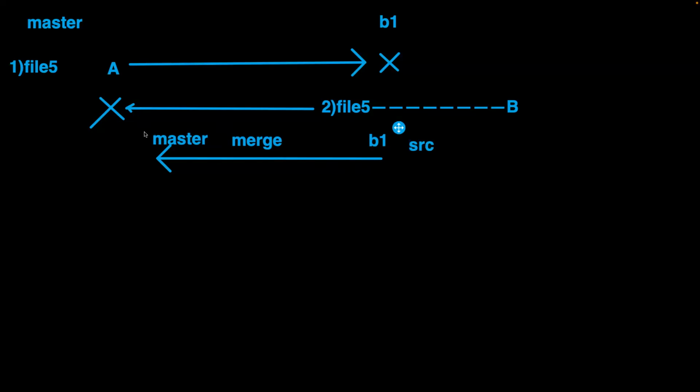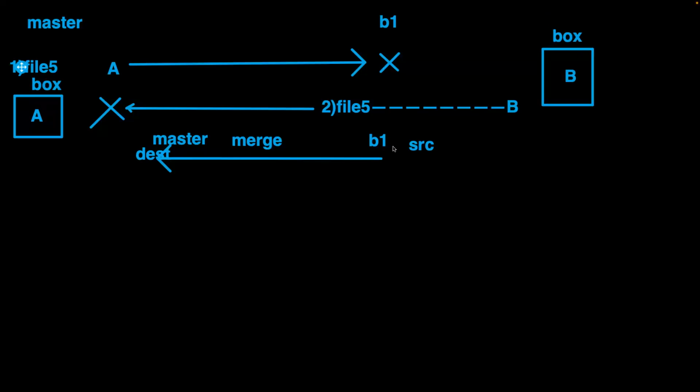Now, consider the commit history of file 5, just imagine it like a snapshot. Here the commit history of file 5 is simply B, and here the commit history of file 5 is simply A. Imagine this is like a box, one box or snapshot. It's imaginary.